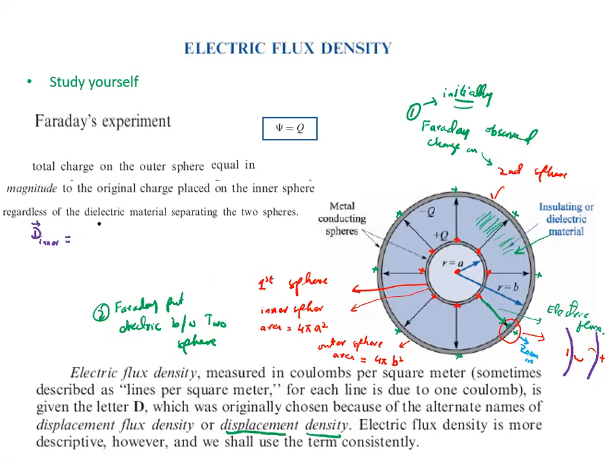The inner sphere has a charge Q, so it is Q divided by 4 pi a square. And what is D of the outer sphere? Q divided by 4 pi b square.